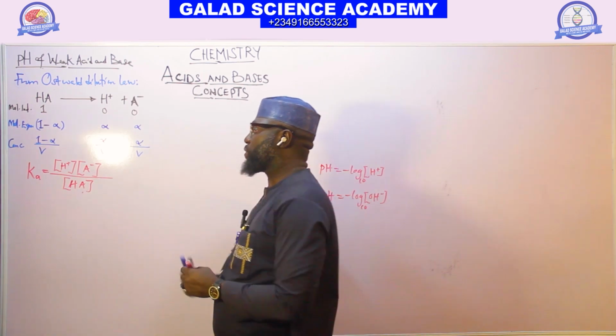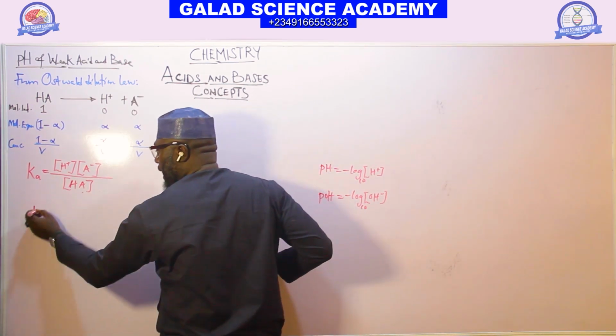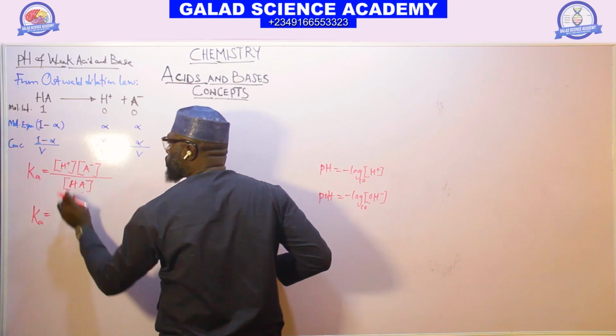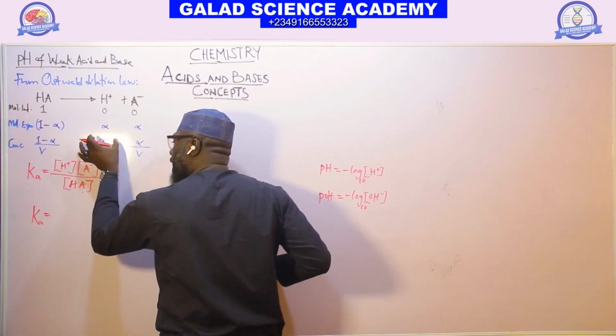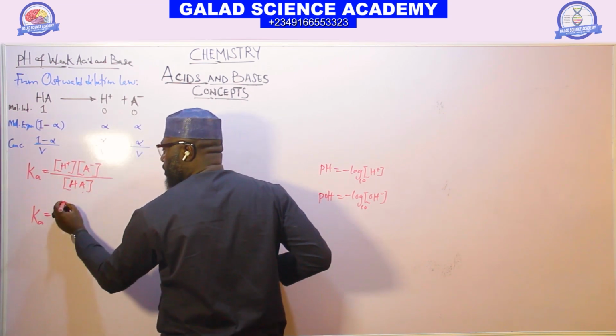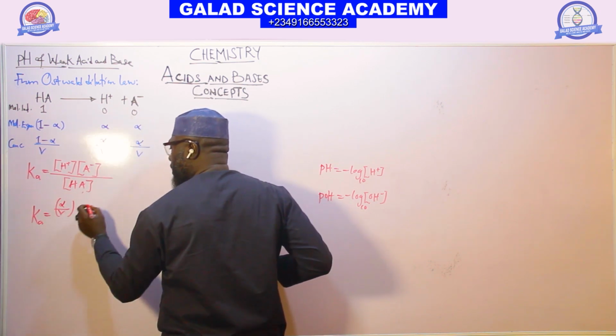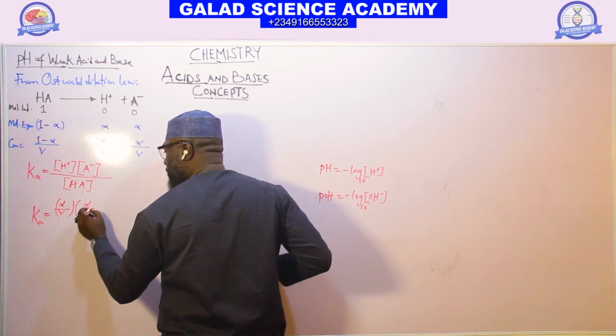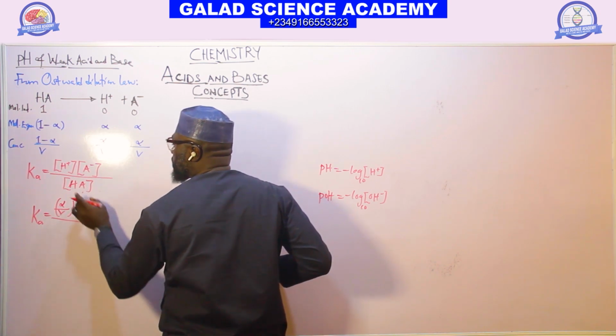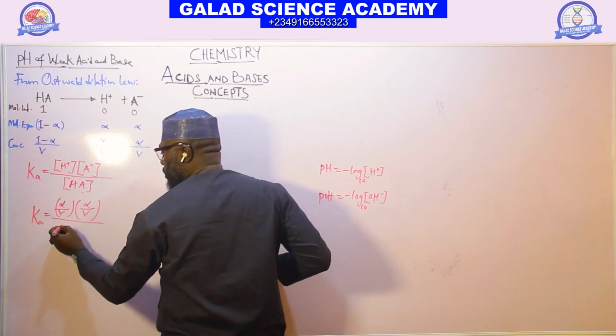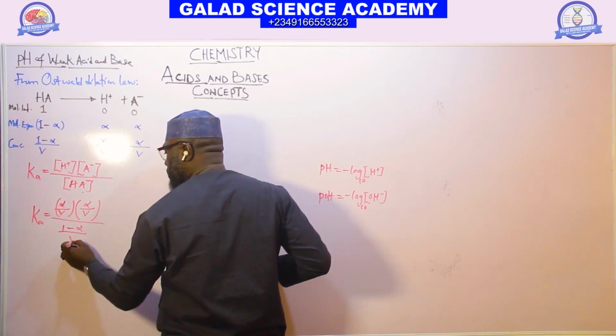So if we have it in this form, my Ka will be equal to: concentration of H plus is alpha over volume, concentration of A minus is alpha over volume, and the concentration of HA is 1 minus alpha over volume.